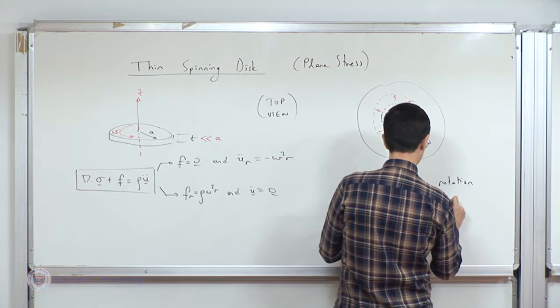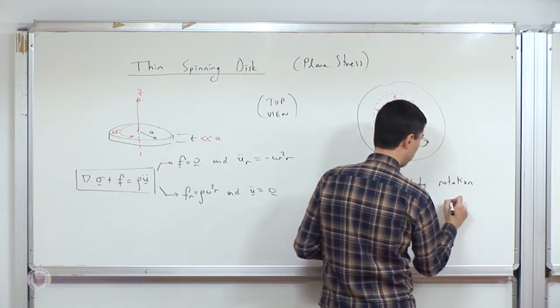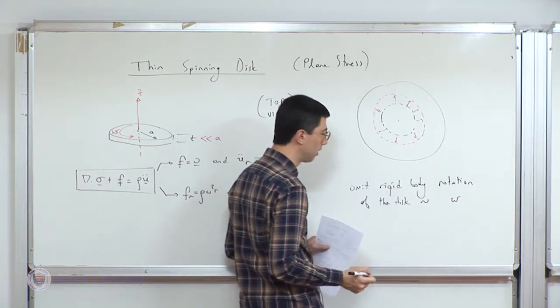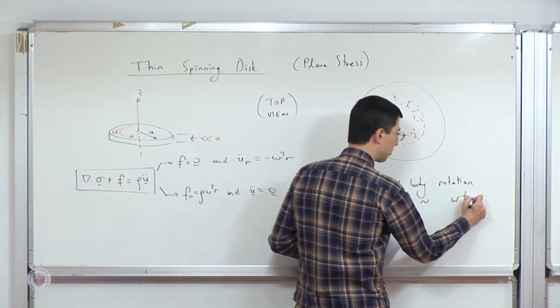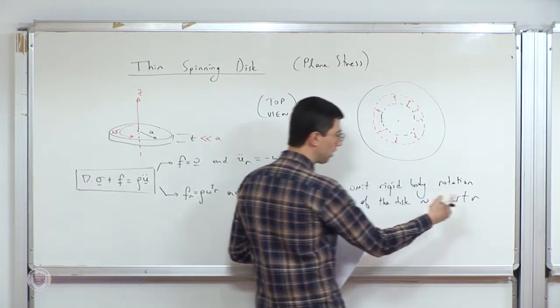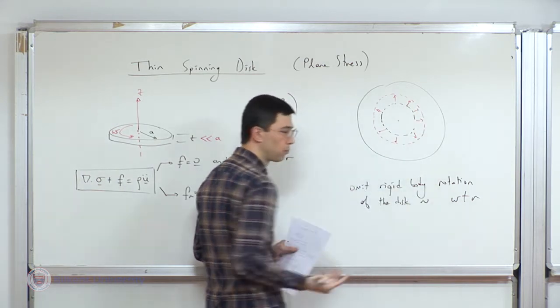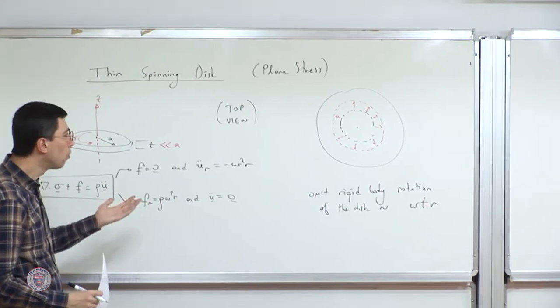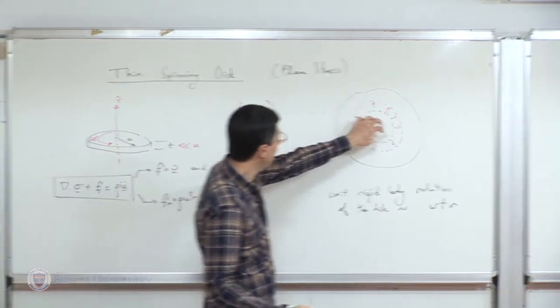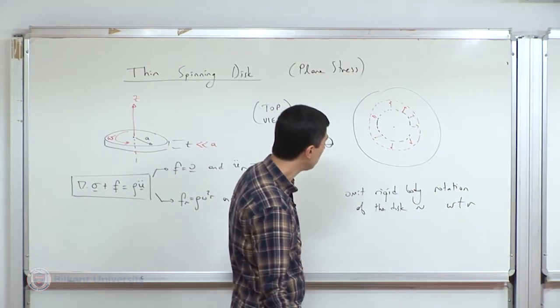So there would be a term, for instance, omega, that's the angular velocity, times t times radius. For instance, that would be the amount by which a certain point moves through a time t. I'm going to omit that, and I'm going to just look at how these lines expand.